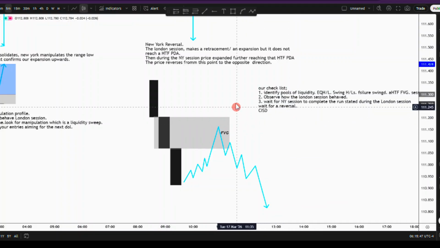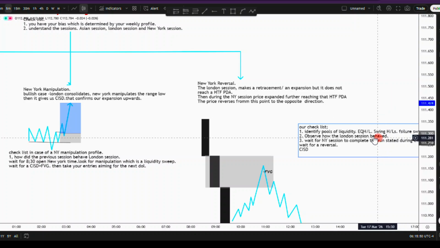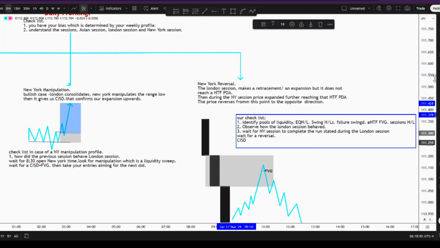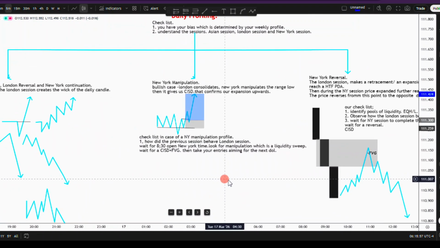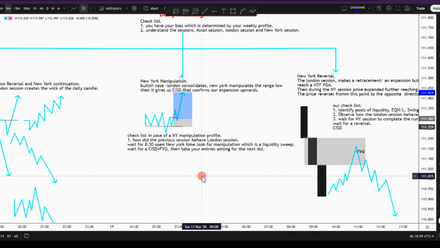So in general, if you were to look at all these, the way we have looked at our daily profiles, what you need to understand is the power of three, the AMD. You have to look at how the previous session, the Asian session or the London session, behaved, so that you can determine how the next session will behave.